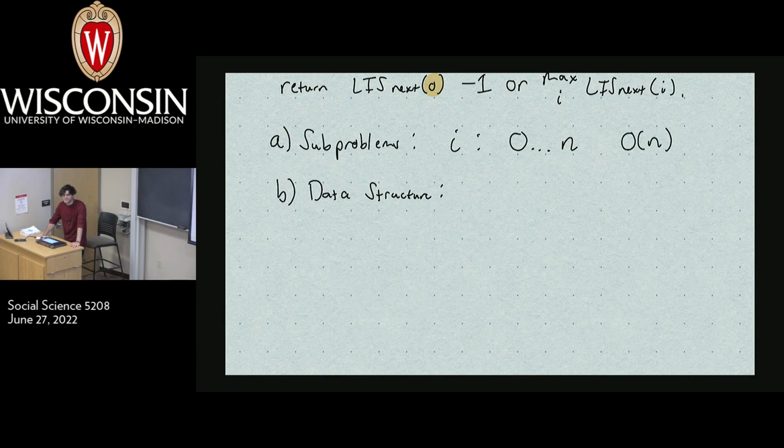Somebody say it. An array, yeah, so we'll have an array. I'll call it M for memoize. So we have an array that's indexed from 0 up to n, so it can store all of our subproblems.